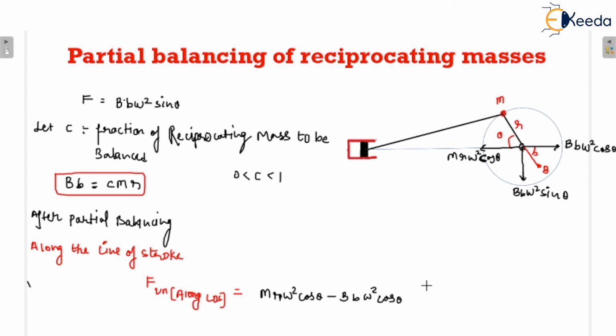We have seen in partial balancing that B b is equal to c M R, so we just have to put it here. So the unbalanced force along the line of stroke would be equal to M R omega square cos theta minus c M R omega square cos theta.